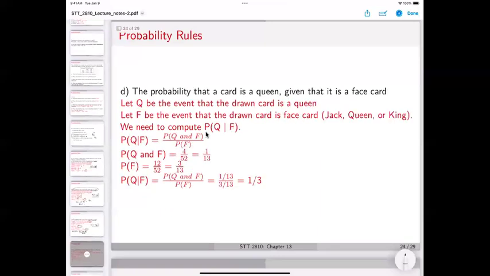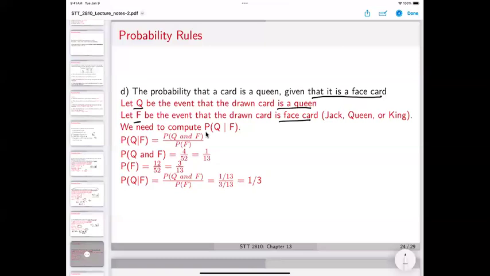Let us try the last one. The probability that a card drawn is a queen, given that it is a face card. So I decide to define the variable. I say let Q be the event that the card drawn is a queen, and let F be the event that the card drawn is a face card. You have to understand what a face card is.